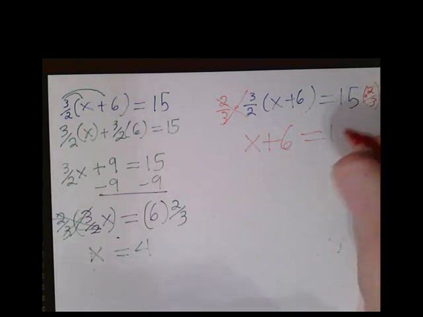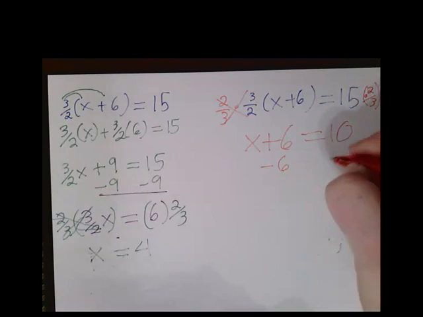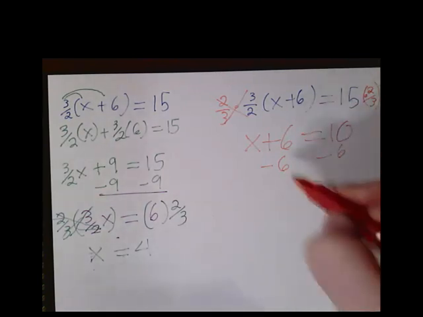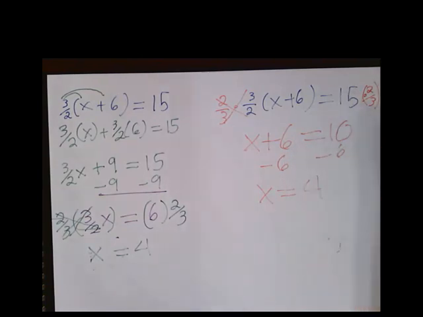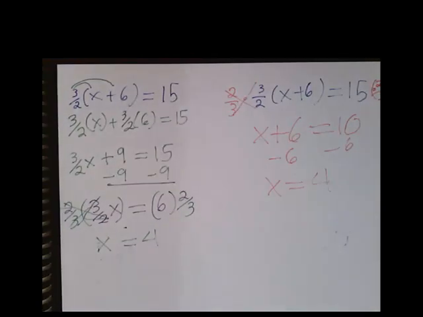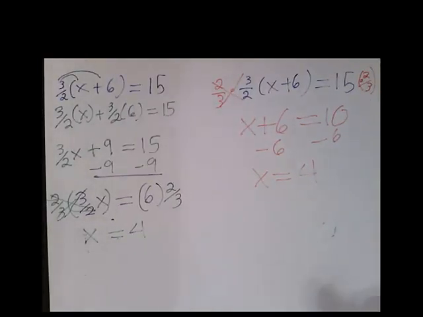Divided by 3 is 10. Can subtract my 6 from both sides by doing the inverse. And x is equal to 4. Again, two methods, both work. All right, that's where I'm going to stop this video today.